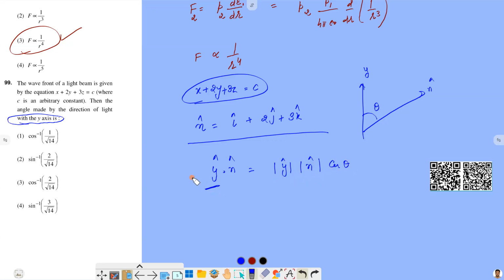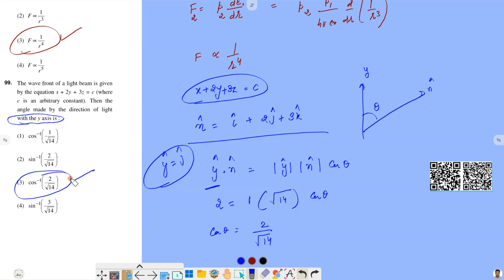Now the y vector is equal to j. If we take j dot n, we will get 2. The magnitude of j is 1 and the magnitude of n will be root of 9 plus 4 plus 1, that is root 14, into cos theta. So cos theta is 2 by root 14 and theta will be cos inverse of 2 by root 14. That is the third option here.